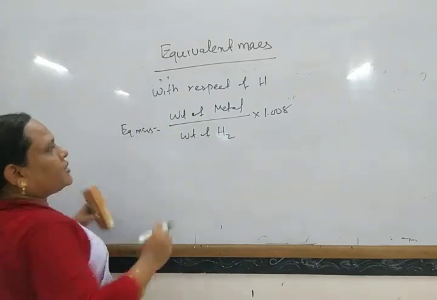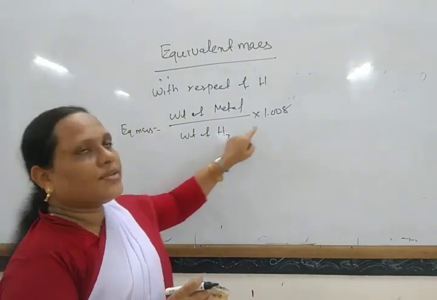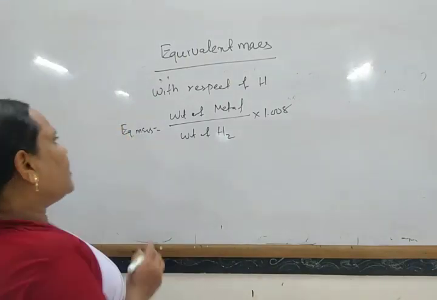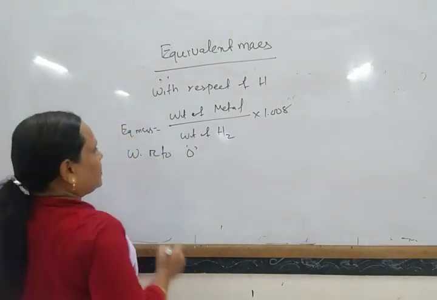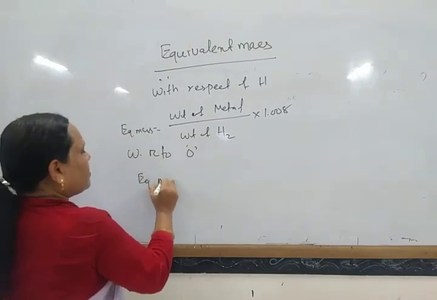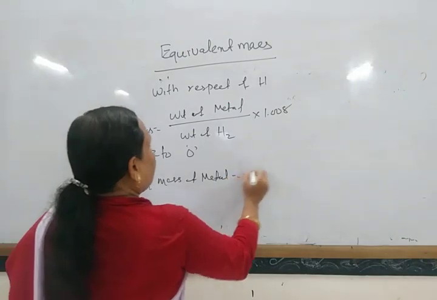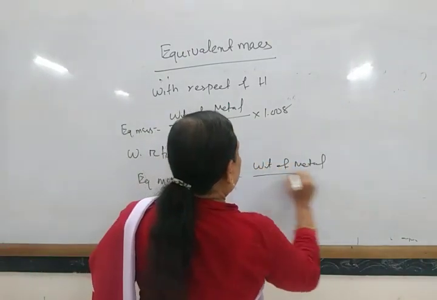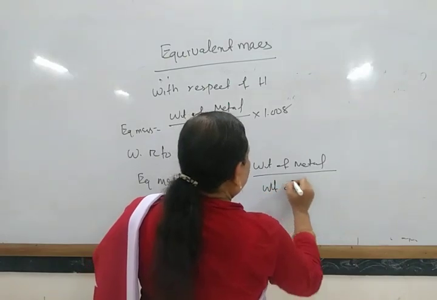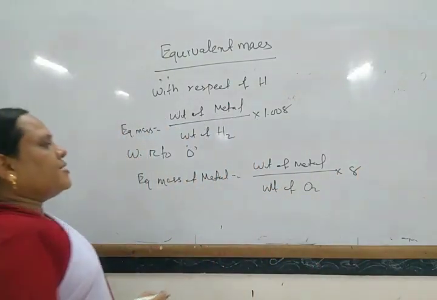Similarly, with respect to oxygen, the equivalent mass of metal is the weight of metal by weight of oxygen into 8.